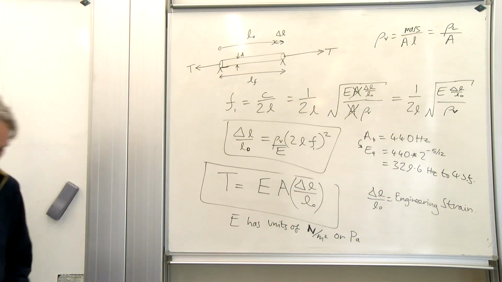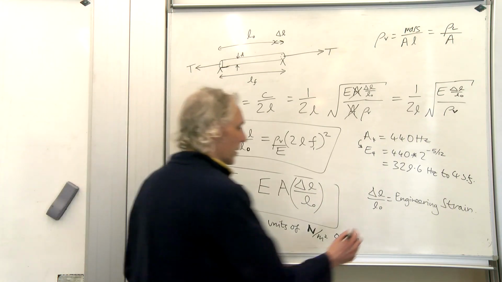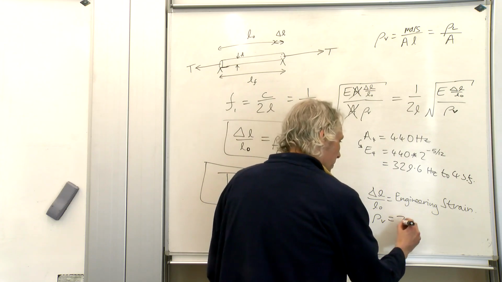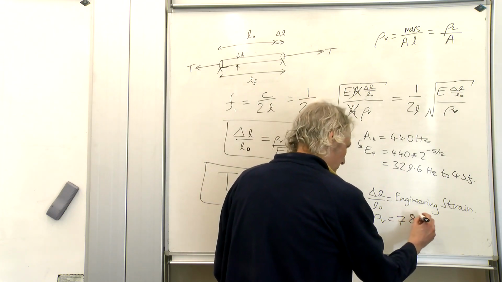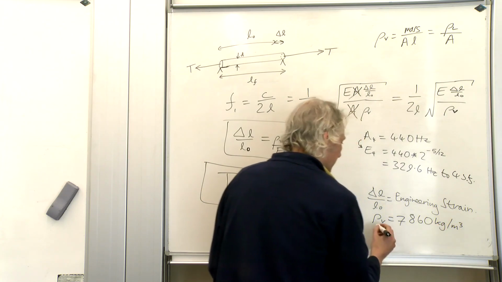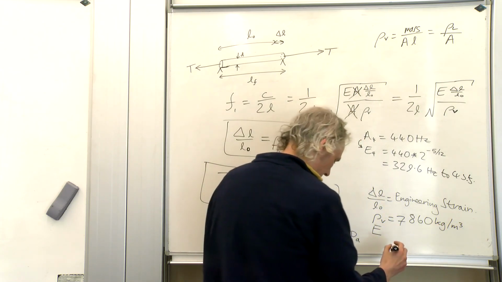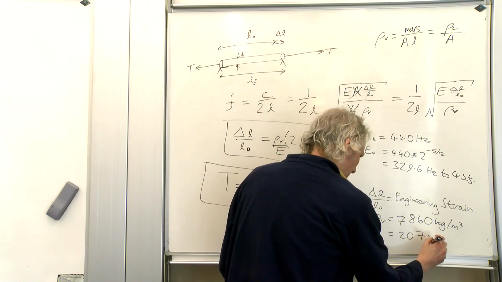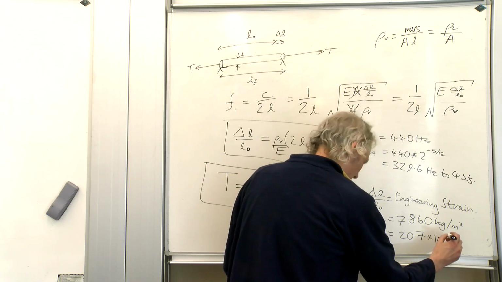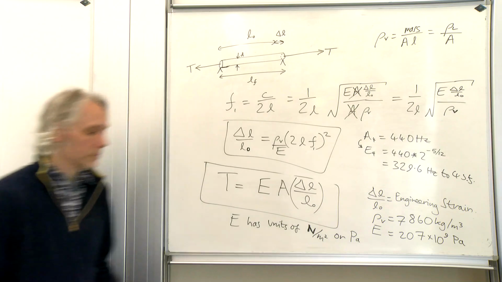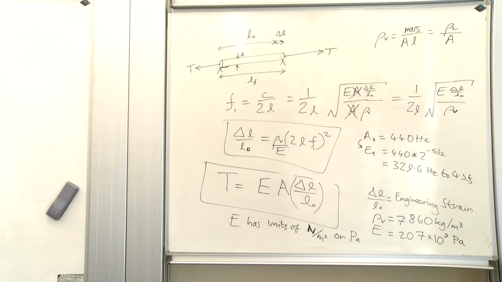So, what's the density of steel? Let's do this for steel. It's going to be about 7,860 kilograms per cubic meter. And E is going to be about 207 times 10 to the 9 pascals, or newtons per meter squared. Okay, so that's some numbers there.